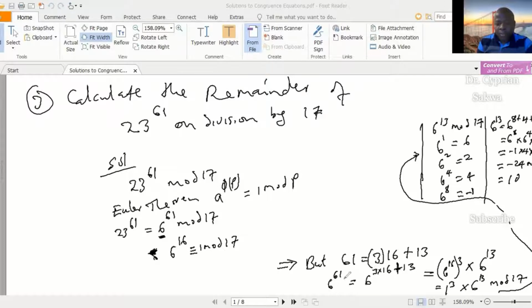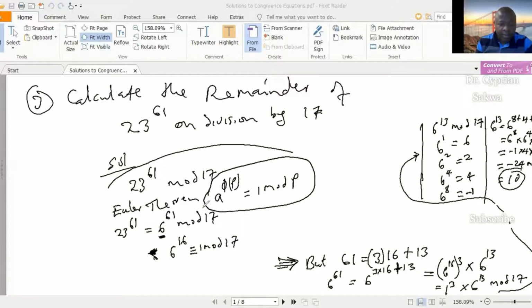And so you proceed the way we proceeded from here, until you arrive at 10 as the remainder. So the only difference between Euler's theorem and Fermat's theorem is just here, because Fermat says that a^(p-1) is congruent to 1 mod p.